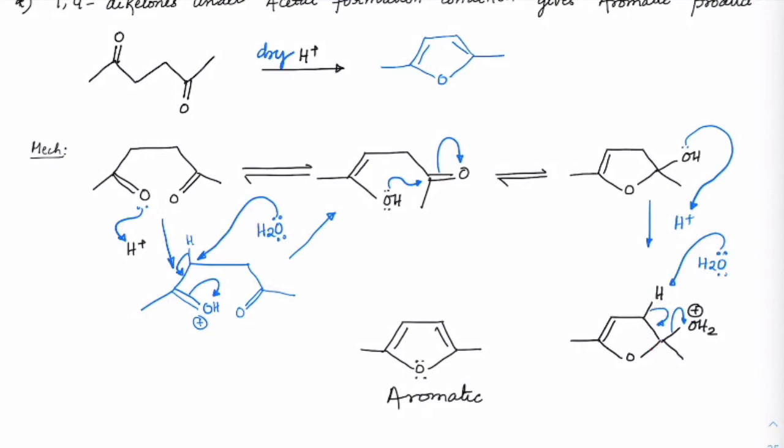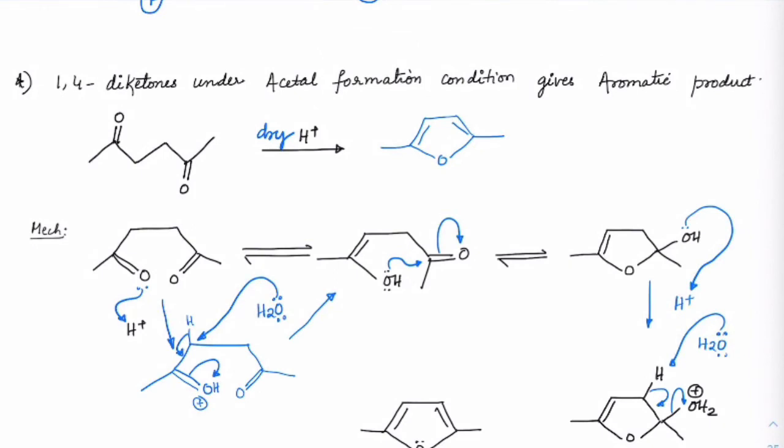So H plus can leave, double bond can come and the aromatic ring is retained. So that's how it would become the aromatic case. Only this special case, just remember, if you have diketones like this in acidic medium and then hydrolysis, we can get this keto form. I hope you guys understood that.